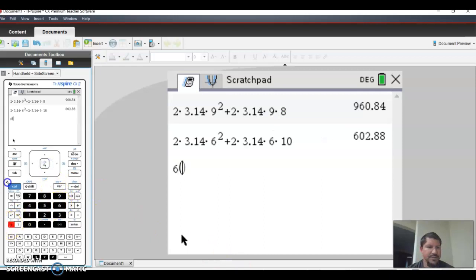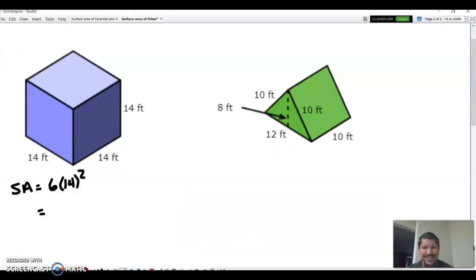So 6 times 14 squared gives me 1,176 feet squared.